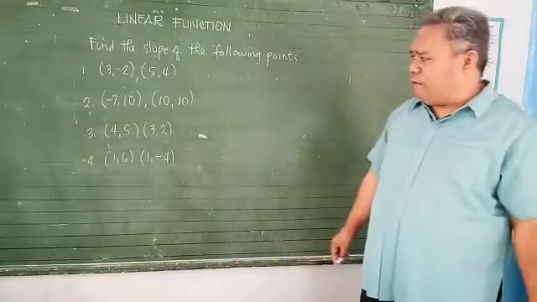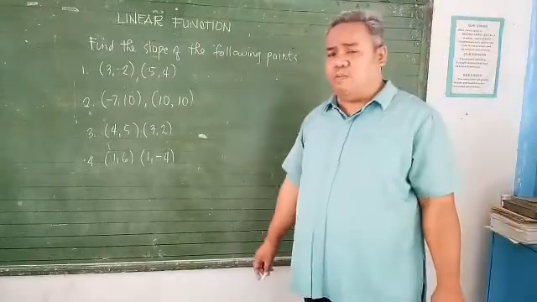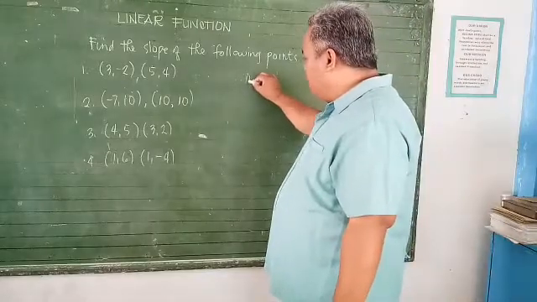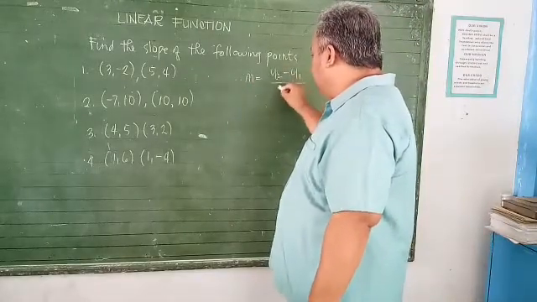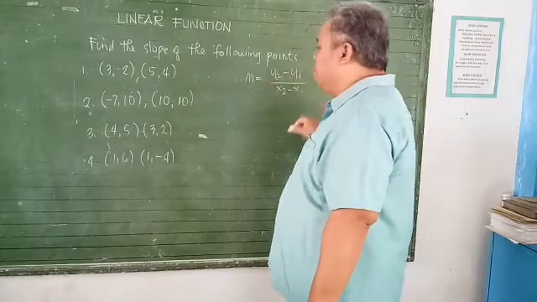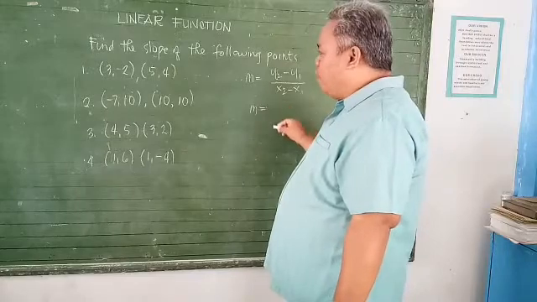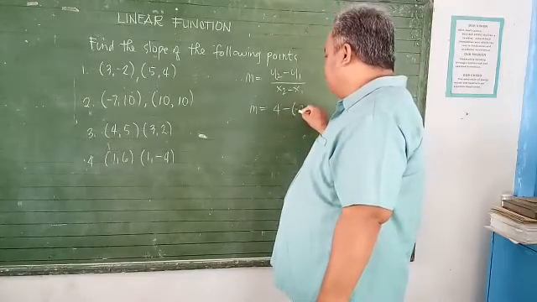Let's now find the slope of the given points. And then after that, we're going to identify what type of slope these points have. So, the formula for slope is m is equal to y sub 2 minus y sub 1 over x sub 2 minus x sub 1. Okay. For number 1, slope m is equal to, your y sub 2 there is 4 minus negative 2.